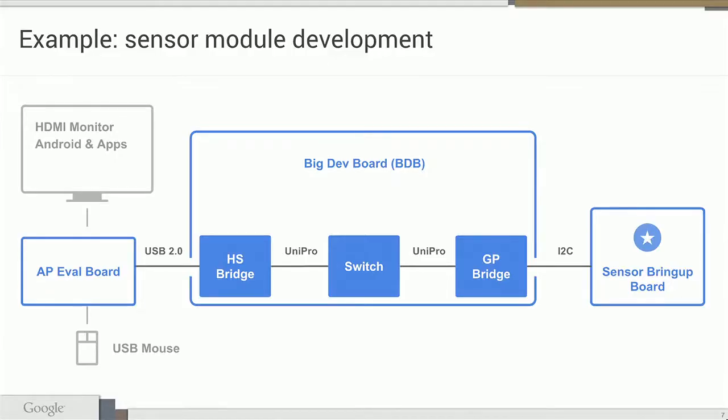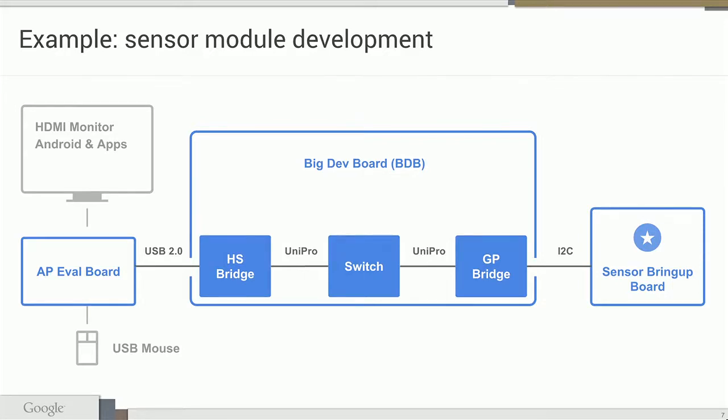Suppose you want to develop a custom sensor module for the Ara phone. On the right, we start with a sensor bring-up board. This can be an evaluation board produced by the manufacturer of your sensor, or it could be your own design on a PCB or a white solderless breadboard.